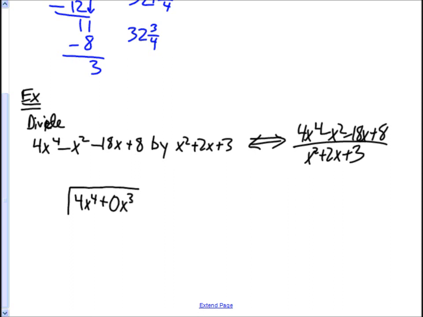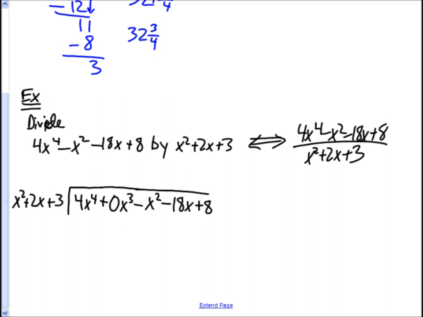It just makes the long division easier. Then you have minus x squared, minus 18x, plus 8. You're dividing this whole thing by x squared plus 2x plus 3. Notice that it goes down in degree perfectly: degree 2, degree 1 with 2x, and degree 0, which is your constant 3. You want to make sure that one also goes down in degree perfectly.